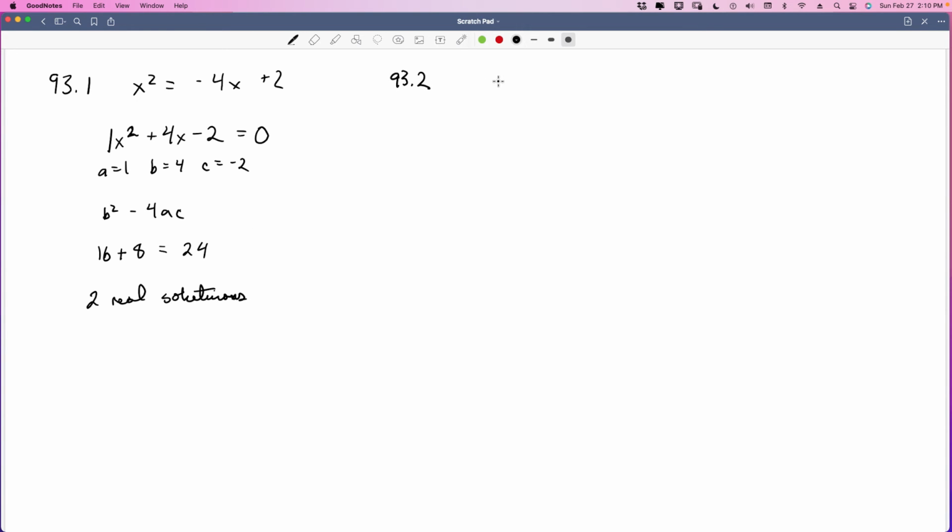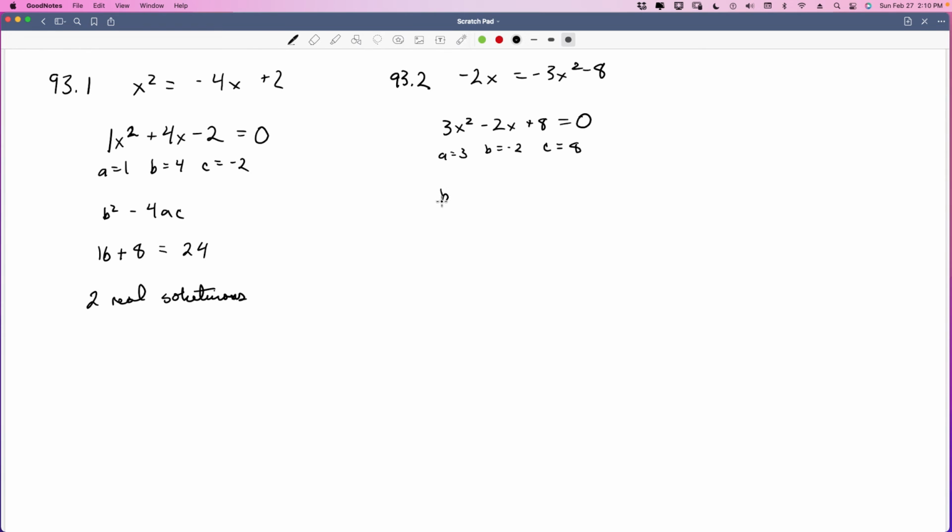93.2. We are going to look at this problem. Negative 2x equals negative 3x squared minus 8. I'm going to rearrange that and say 3x squared minus 2x plus 8 is equal to 0. Now we're going to do a is equal to 3, b is equal to negative 2, c is equal to 8.